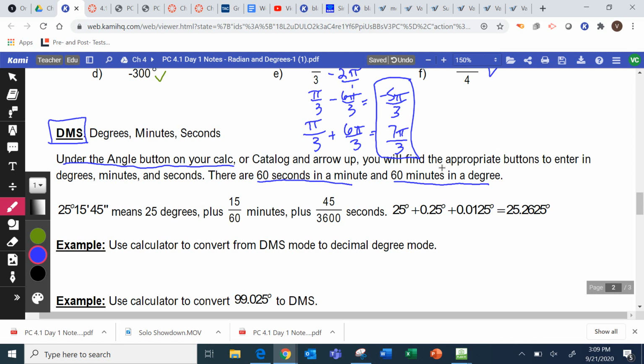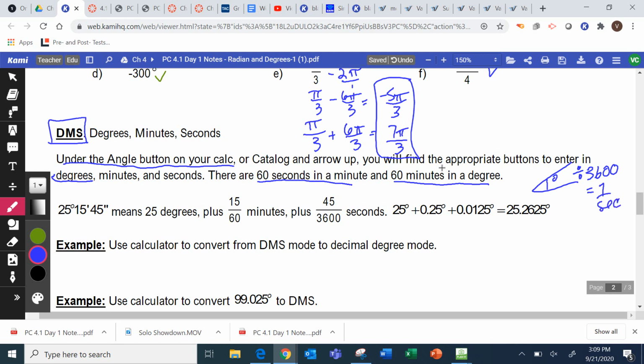So it's not time. It's just basically taking our degree and that 1 degree, dividing it into 60 equal little spots, and then taking each of those 60 and if we could take that 1 degree and divide it by 3,600, that is going to equal 1 second of a degree.